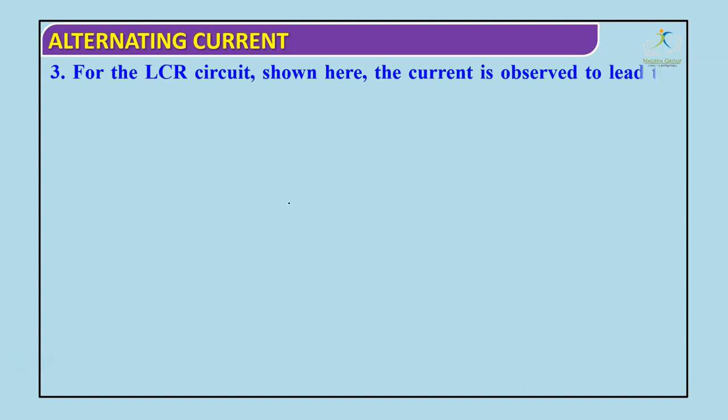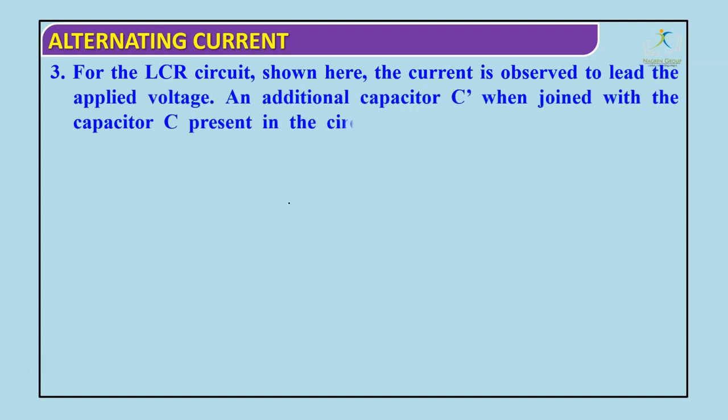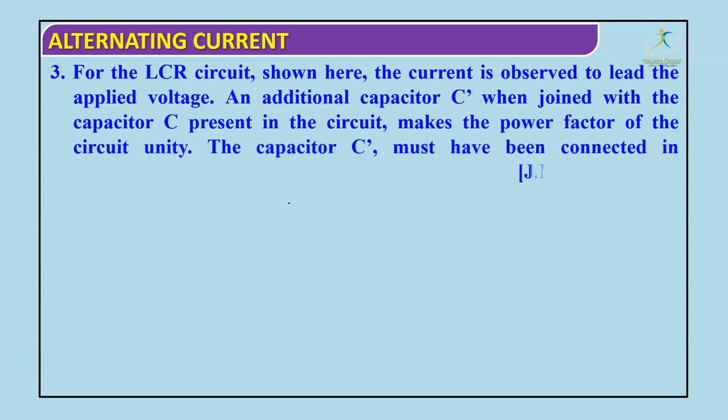Next question we have: for the LCR circuit which is shown here, the current is observed to lead the applied voltage. An additional capacitor C prime, when joined with the capacitor C present in the circuit, makes the power factor of the circuit unity. The capacitor C prime must have been connected here.